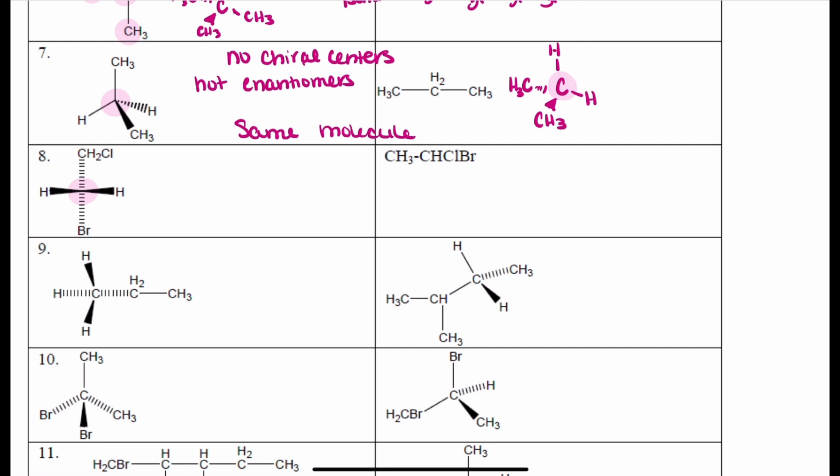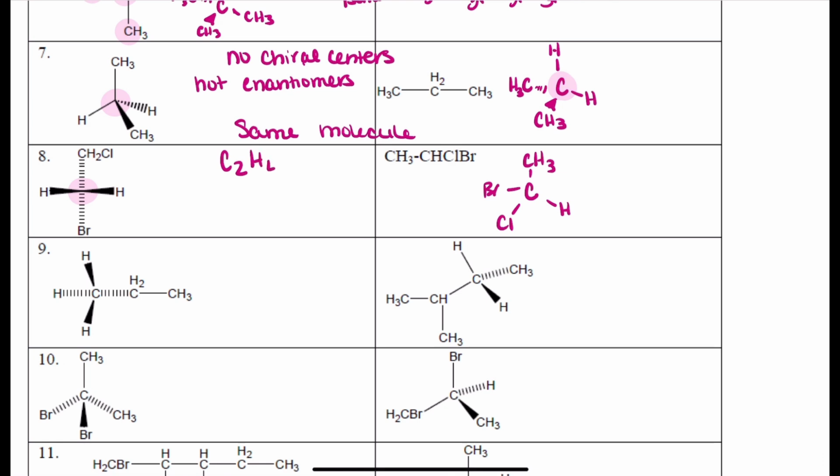Okay, this one. Remember, you have a carbon in the center here. Now, if I actually look at this one over here, I've got a carbon with a CH3, an H, a Cl, and a Br. These are not connected the same. If I actually look at the formula here, this has 2 carbons.